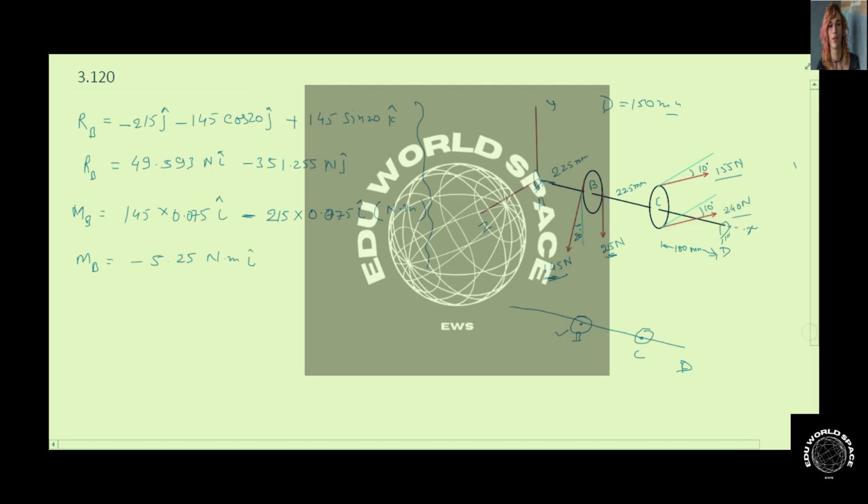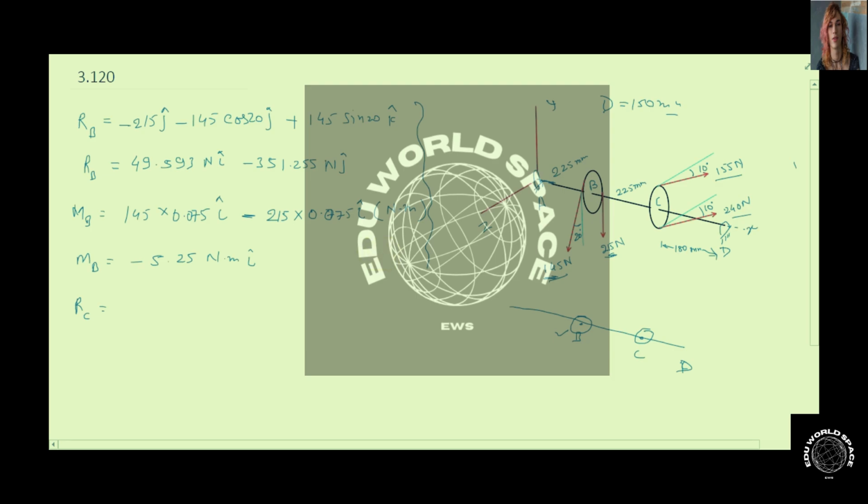If we talk about the equivalent force acting at point C, that will be this 155 and this 240 Newton, both parallel to each other. We can do two things: either resolve each of them individually, or we can say that the equivalent force will be parallel to these two forces.